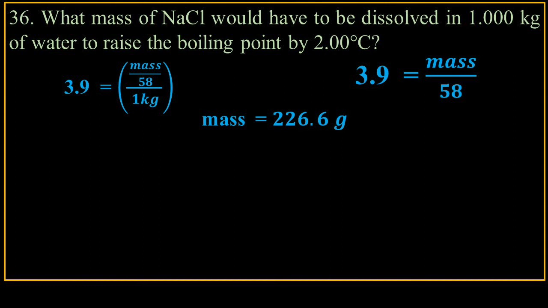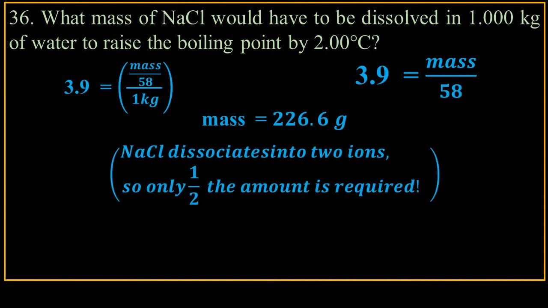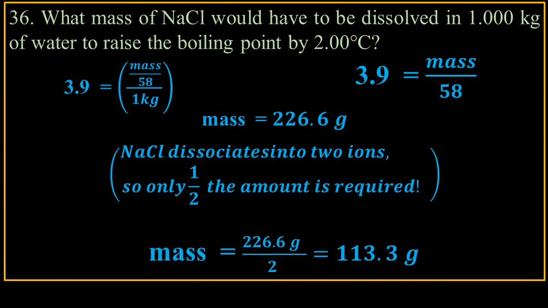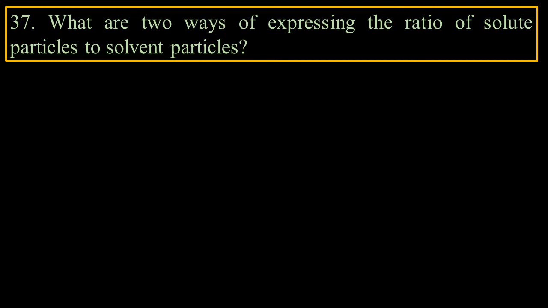So that would be the mass. Okay. But the sodium chloride dissociates into 2 ions, so only 1/2 of that amount is going to be required. So where you don't have to put it into the original equation, you have to be mindful of the fact that you don't need all 226.6 grams. You only need half of that, and that's the answer.